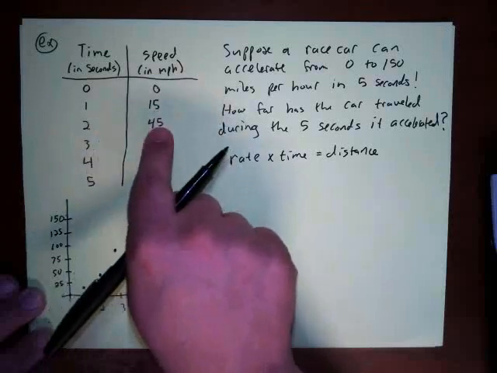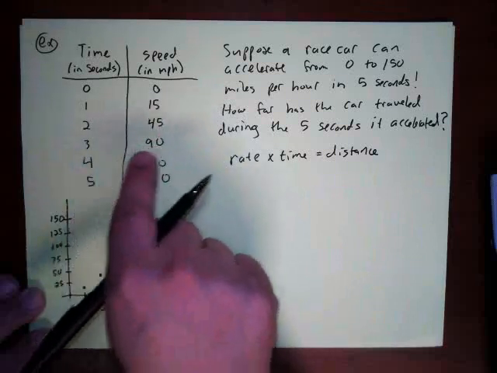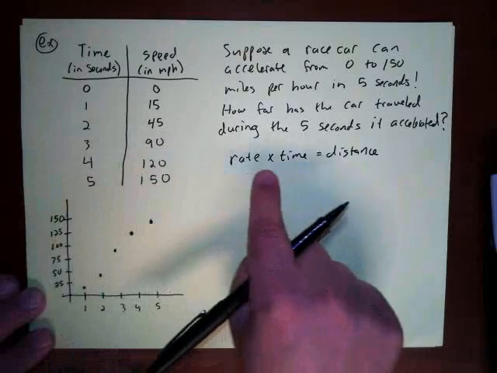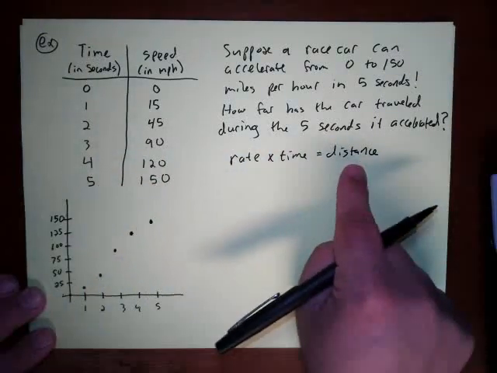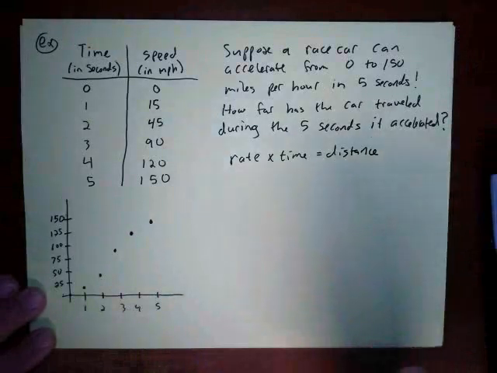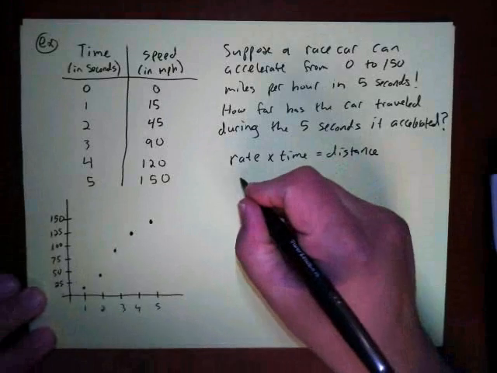During the second second we went 45 miles per hour. For the third second, we went 90 miles per hour, and so on. And then using this formula for each one, I'm going to find the amount of distance it went during each one of those seconds. Okay, so let's see here.